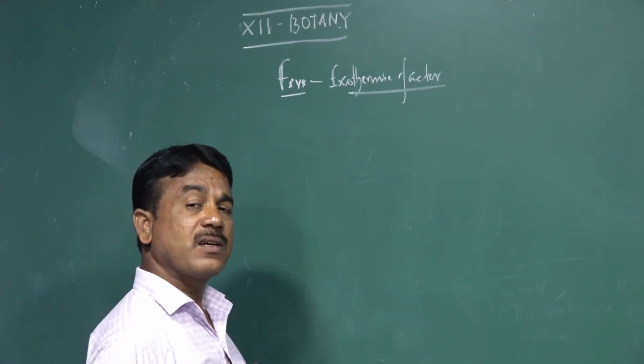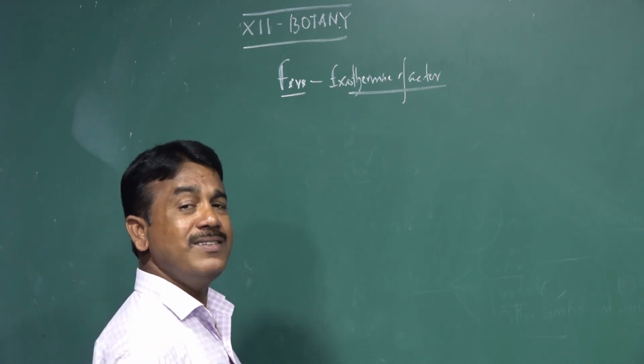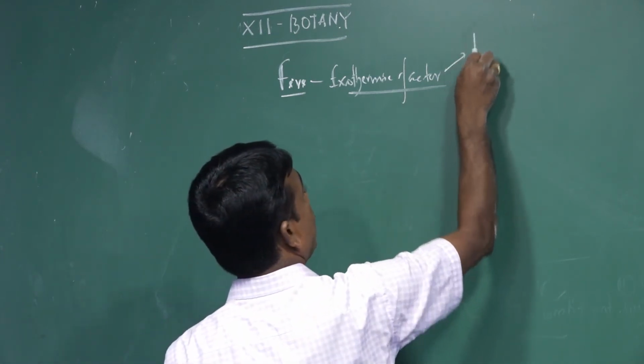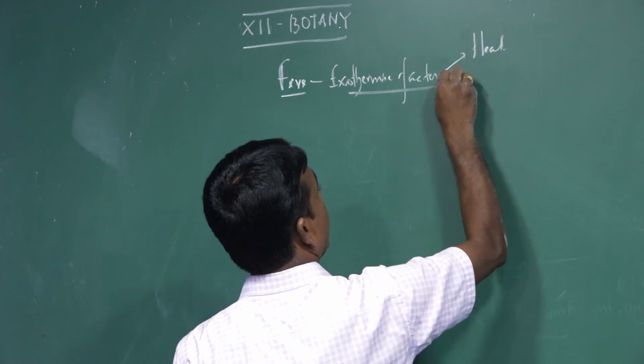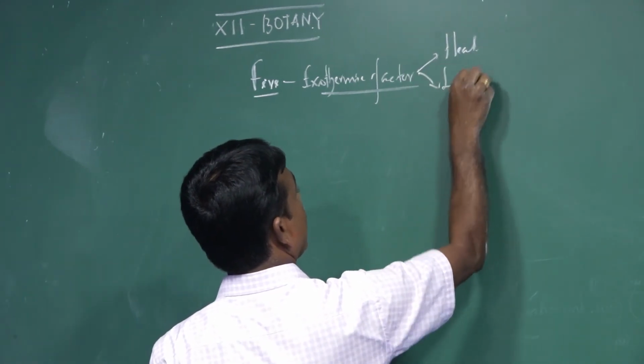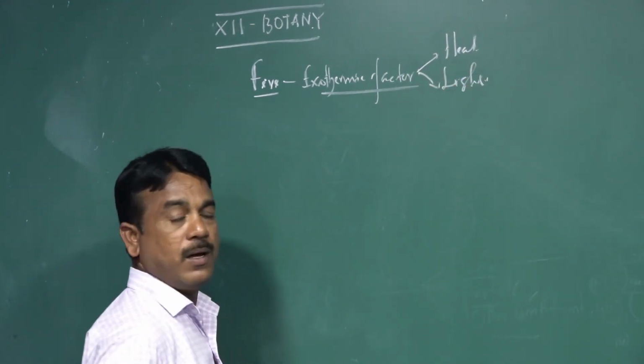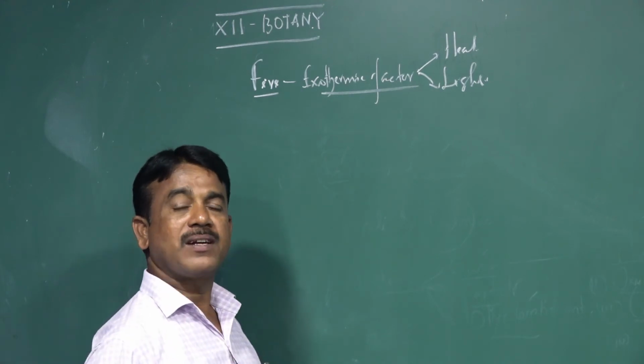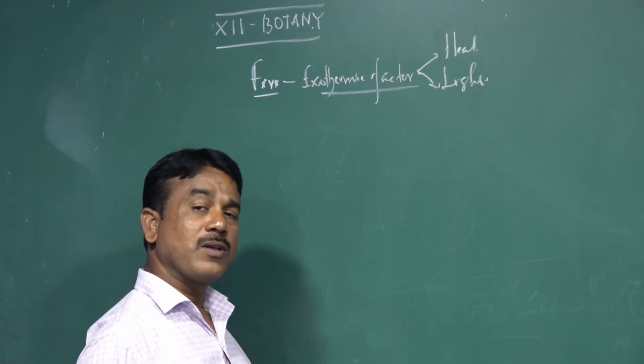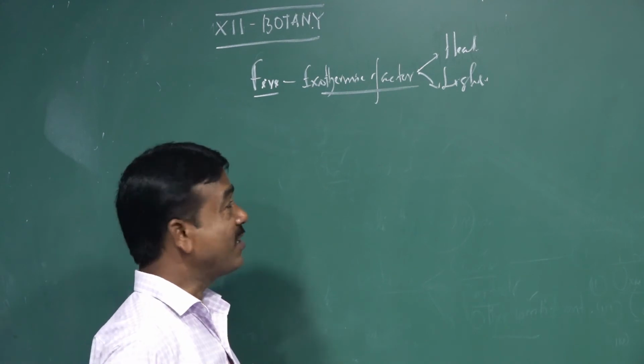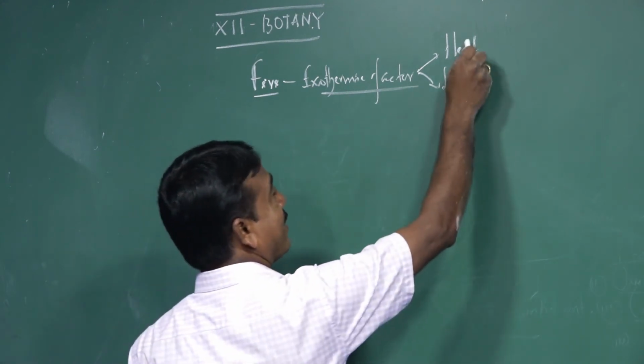By the chemical reactions of combustion, heat and light are released. What is it? Fire is an exothermic factor due to the chemical process or chemical reactions of combustion, which release heat and light.